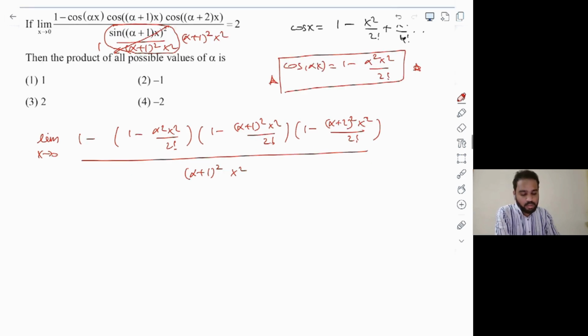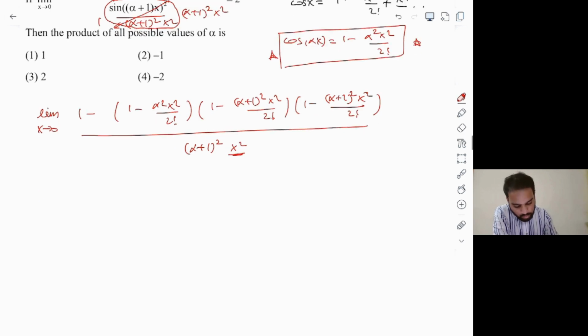So you just need to check the constant terms and x squared terms, because all the higher degree terms can be completely ignored, as the denominator has x squared as the only term.